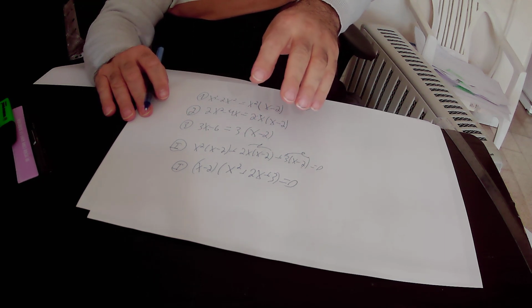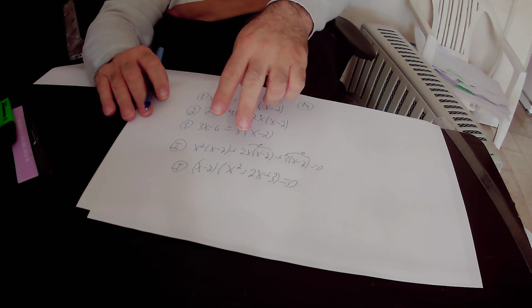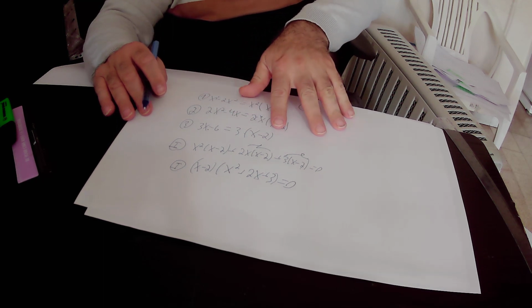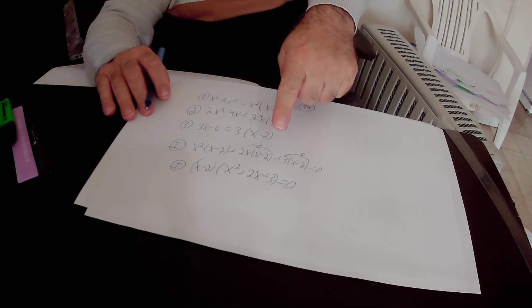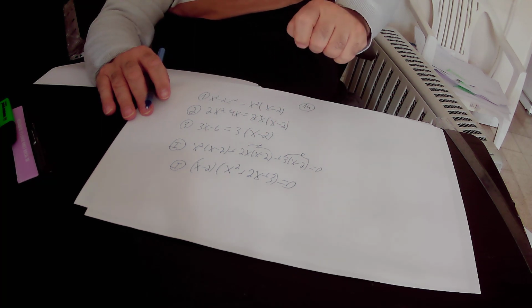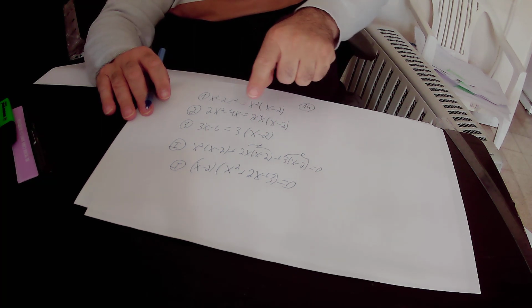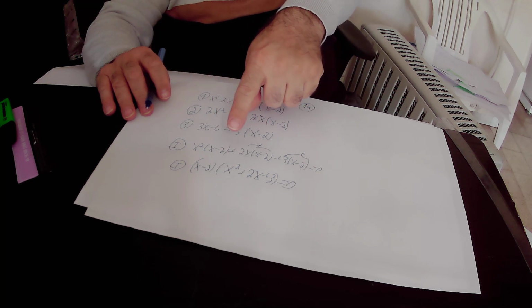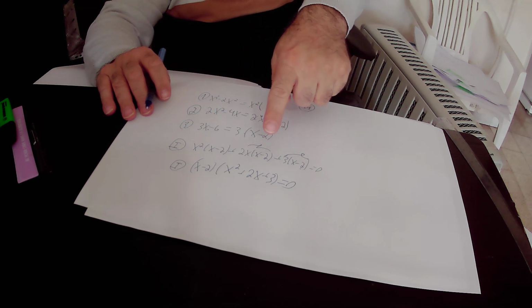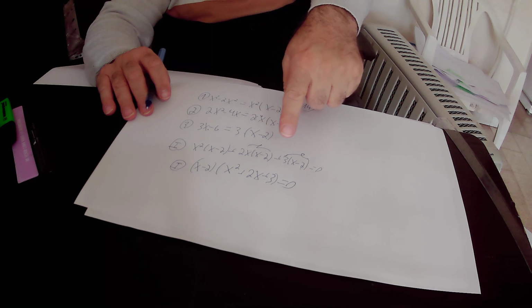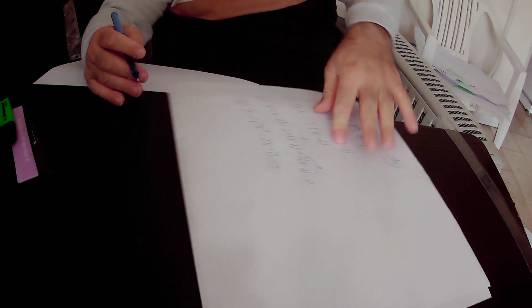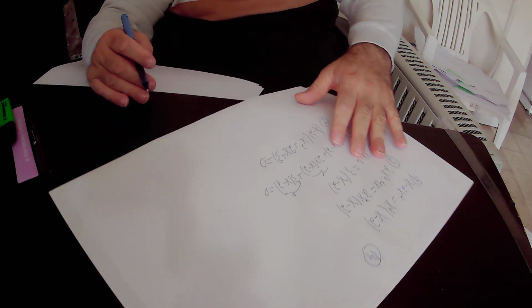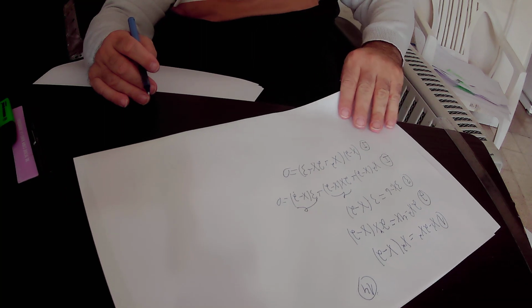Here we will have two possible solutions to this equation, equation number 1. Either x minus 2 will be equal to 0, or x squared plus 2x plus 3 will be equal to 0. Because if x minus 2 equals 0, then 0 times anything equals 0, and if x squared plus 2x plus 3 equals 0, then 0 times anything equals 0, so 0 equals 0. So we have here two possible solutions.